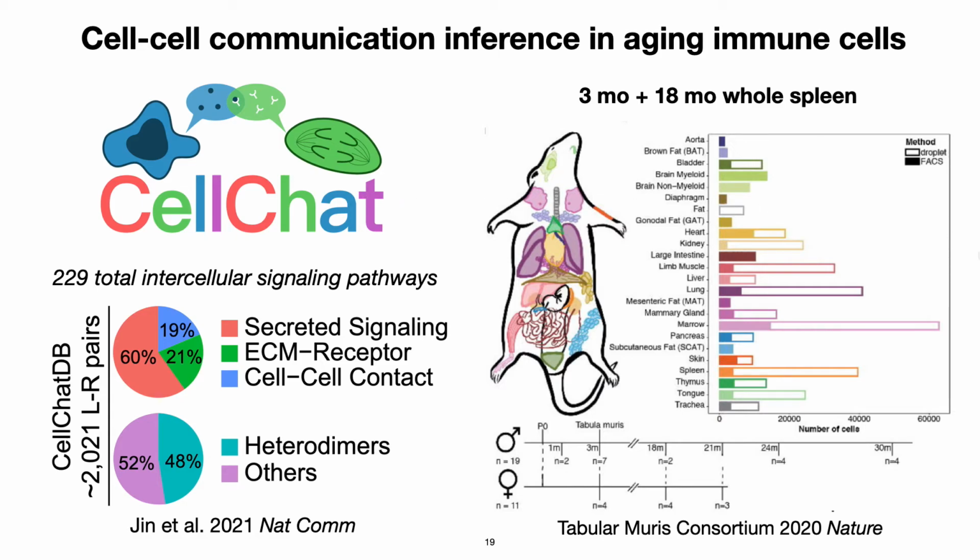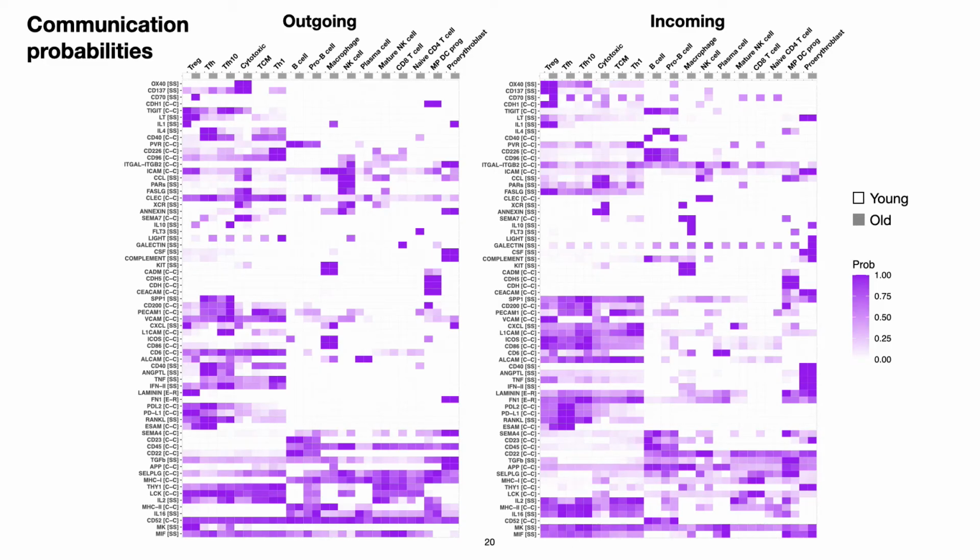We've integrated our data set of young and old CD4 T cells with age-matched cells from the spleen from this Tabula Muris cell atlas, and we've inferred possible interactions between cell types amongst young cells and amongst old cells.